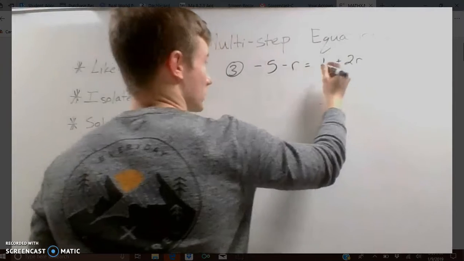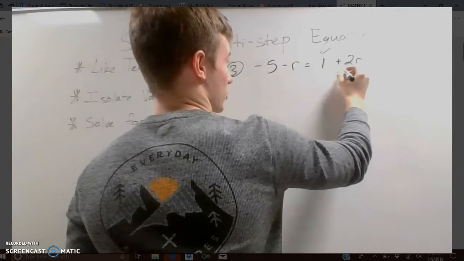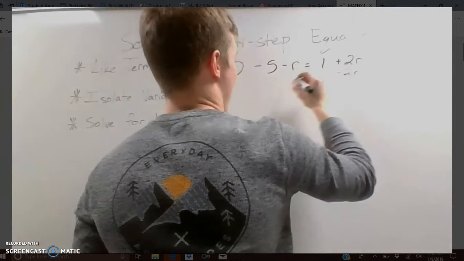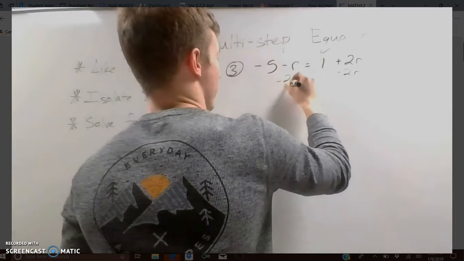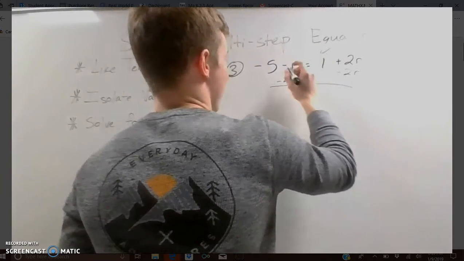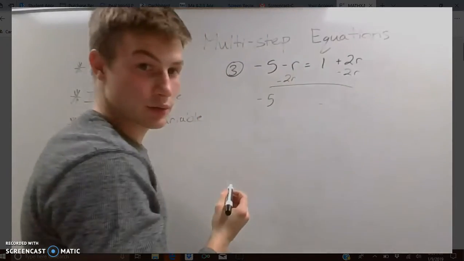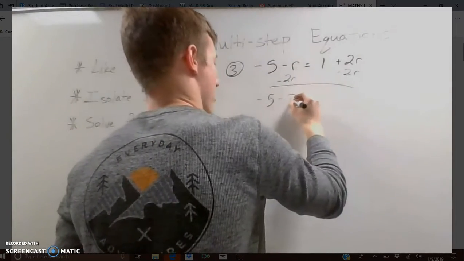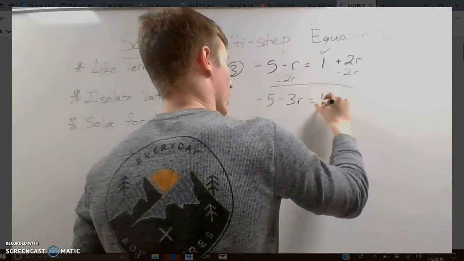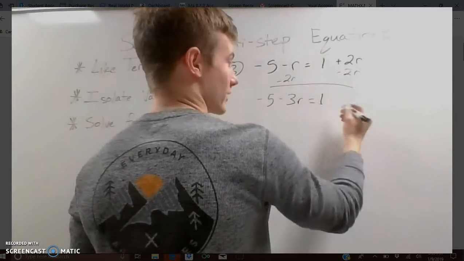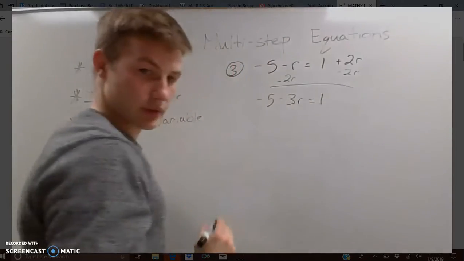So we're going to, you can either subtract or add, but here I'm going to subtract the 2r on both sides. So we have negative 5, negative r minus 2r would be negative 3r equals 1, 2r minus 2r, which would be 0. So we're not going to put anything there.